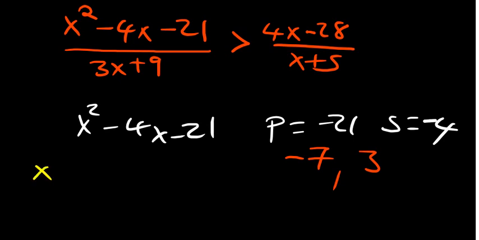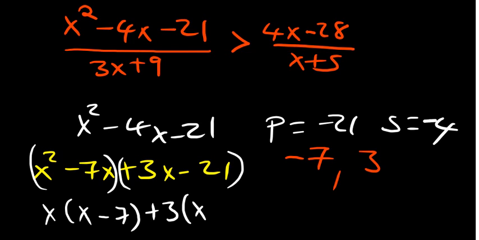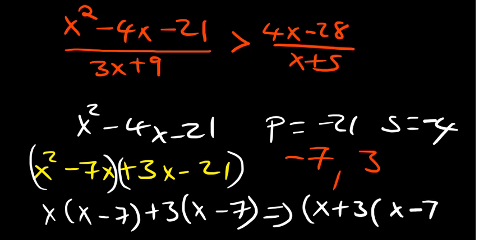So x squared minus 7x plus 3x minus 21. Trying to factor out there, what are you going to have? You have x, then x minus 7, plus 3, then x minus 7. So basically you have x plus 3, x minus 7. Are we together?